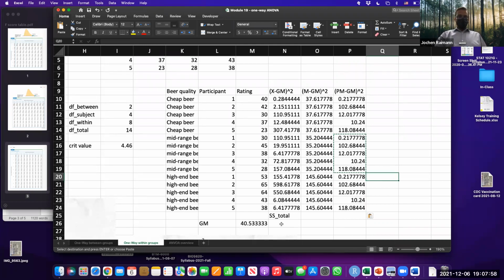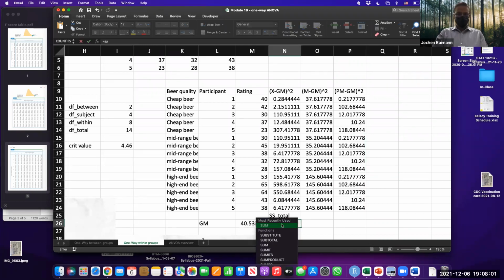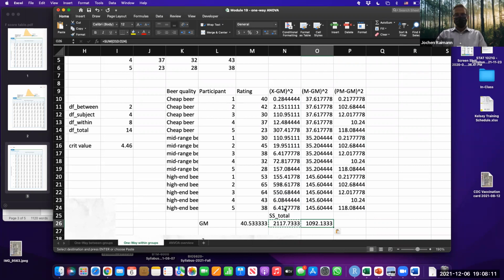Good. So, sum of squares. What do we need to do to build the sum? We're summing the total sum of squares, the between group sum of squares, and the participant mean sum of squares. That's it, we're done. You sum from the first entry, the first squared deviation, down to the last one.